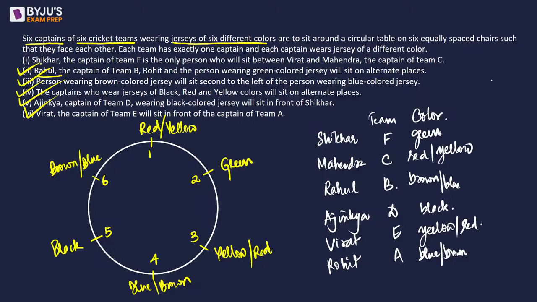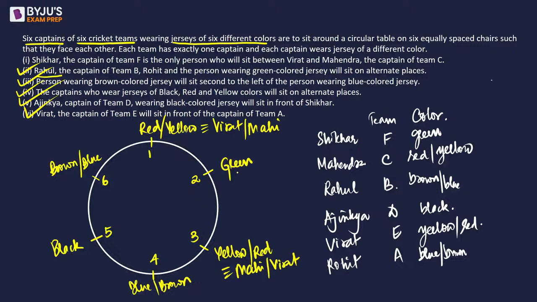Next is this: Shikhar, the captain of team F, is the only person who will sit between Virat and Mahendra. Okay. So we have got Virat and Mahendra. So where is Virat, where is Mahendra, we don't know. So I'll write Mahi in short. I hope you guys will understand this. And this is going to be Mahi and Virat in any combo.